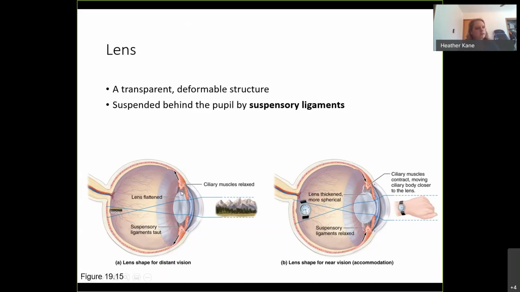These suspensory ligaments are the string-like features right here between the ciliary muscle and the lens. They are attached to the outer capsule of the lens. As the tension changes based on how the ciliary muscles contract, that changes the shape of the lens.